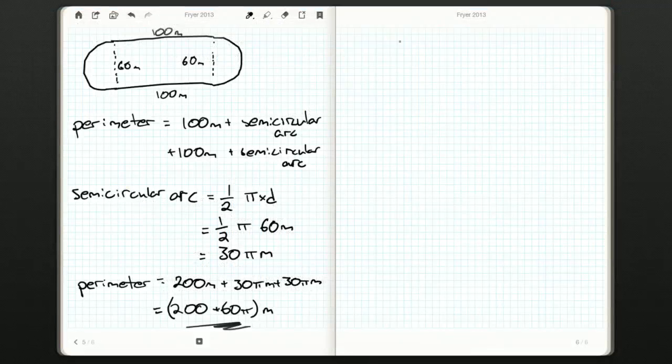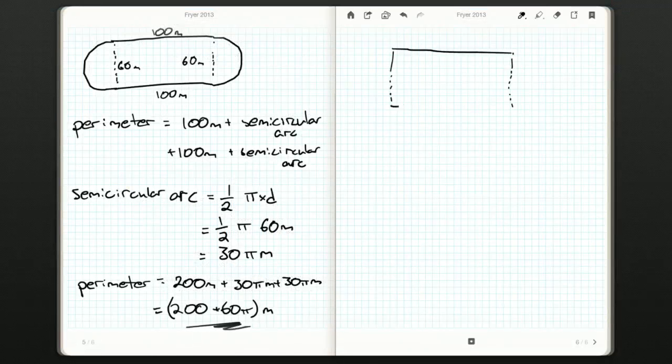We can just draw them up here on another copy of the field, or the track, whatever it is. So there's D down there, C is up here.